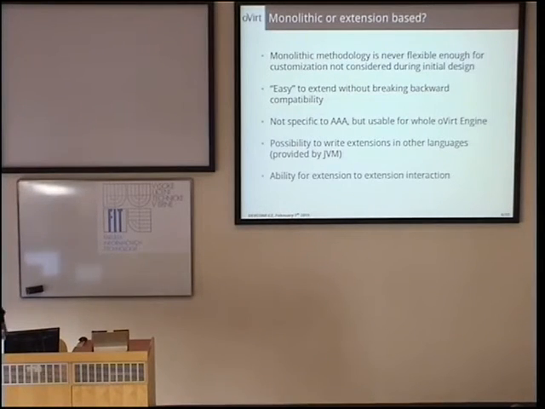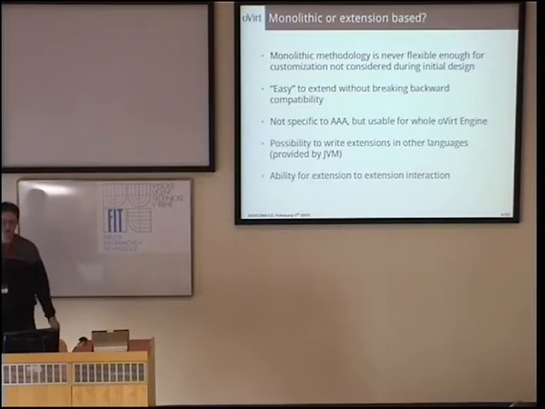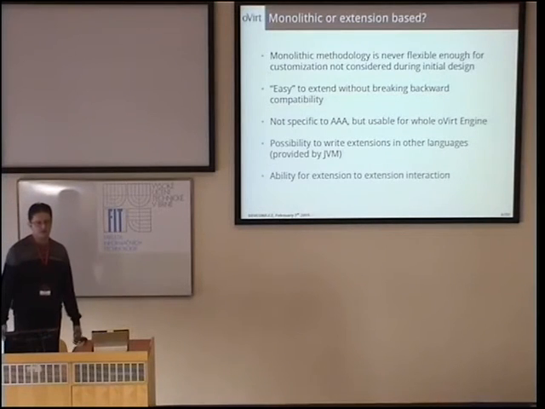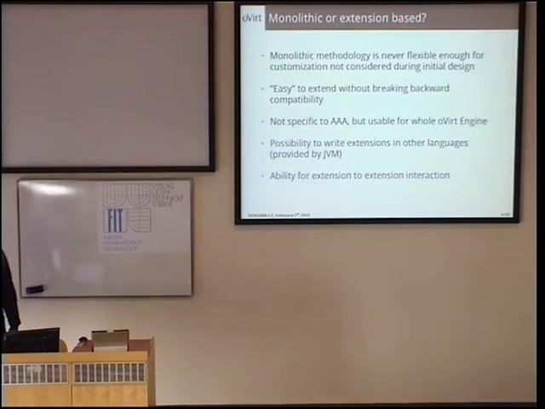When we talked about how to improve this in the next version, we discussed whether to rewrite it from scratch using a monolithic design, or to go with some sort of extension. Currently in oVirt we didn't have any API for extensions, so we decided to provide a custom extension API not only for AAA but also for other parts of the system.